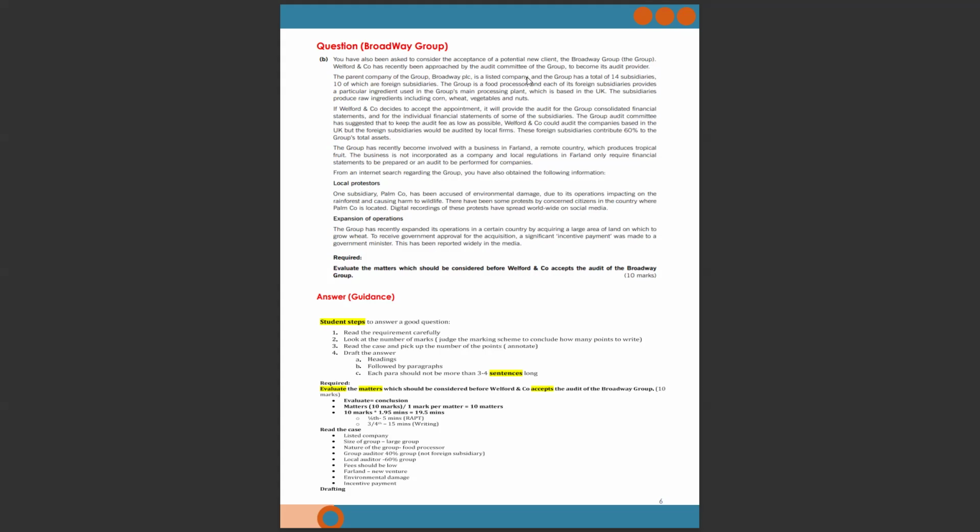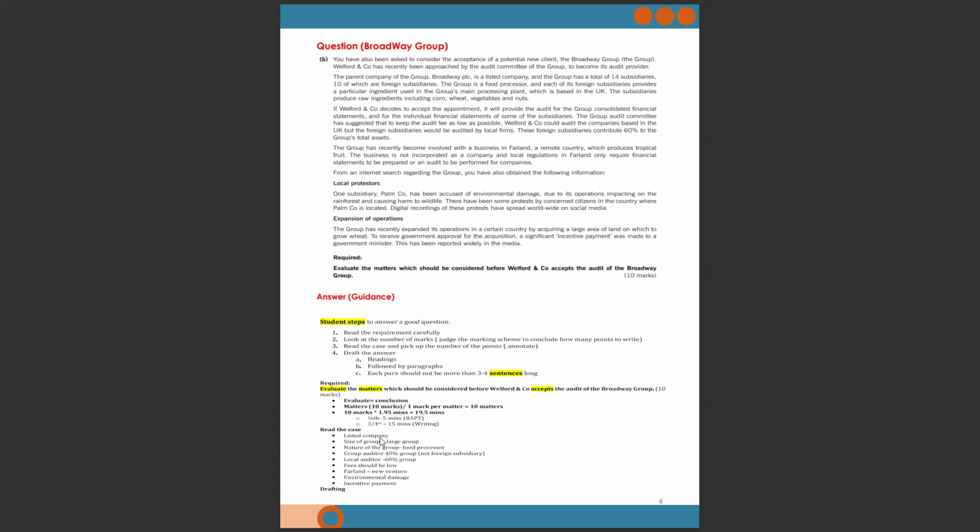Once you copy and paste under the heading of listed company, then you will write: as Broadway is a listed company, Welford and Company need to have an appropriate knowledge of the laws and regulations to ensure compliance in the conduct of audit. Further, Welford need to exercise greater due care and professional skepticism as the group is a listed company. So you will have to write these things.